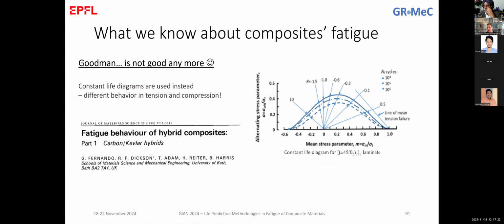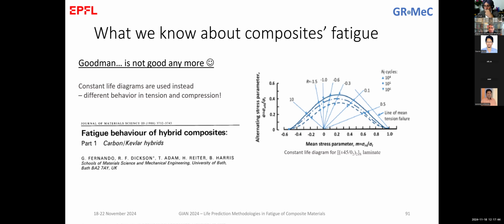And in fatigue, we have the same phenomena. And we know that constant life diagrams are shifted either to the right or to the left, depending on the material that is investigated. And this again devalidates, if you like, the usefulness of the Goodman diagram.